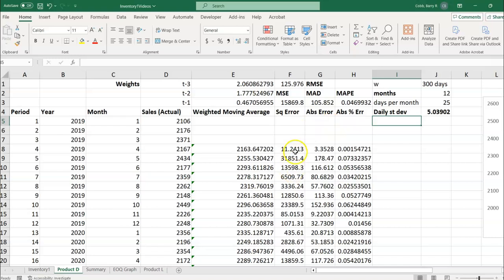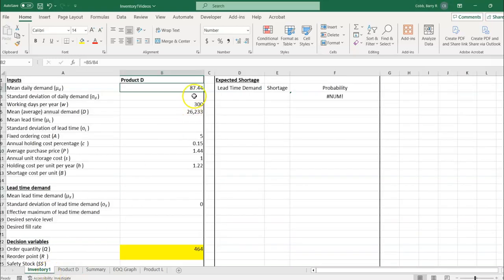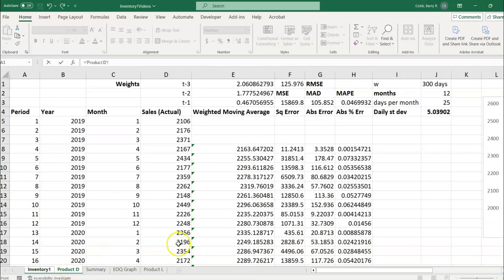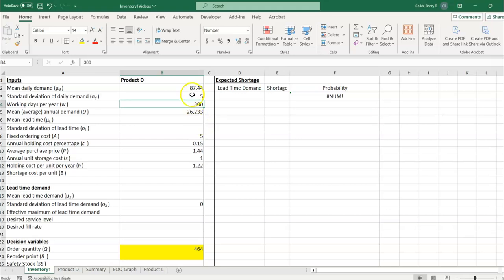Demand is what we're estimating with this forecast. So we'll just reference that from over here, or you can type it in as 5.04. When I referenced it, I got an integer number, but if I expand the decimals, you can see it's about 5.04.